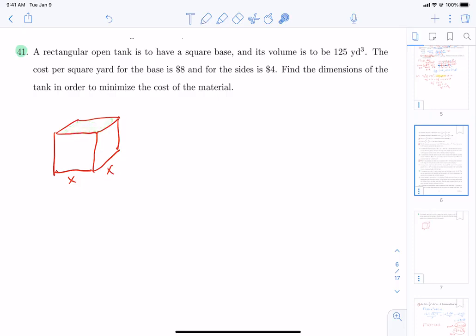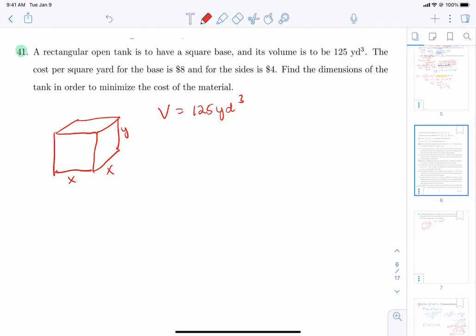Its volume is set to be 125 cubic yards. The cost for the base is $8. The cost for the sides is $4 per square yard. Find the dimensions in order to minimize the cost of material. So we're minimizing the cost for the surface area.